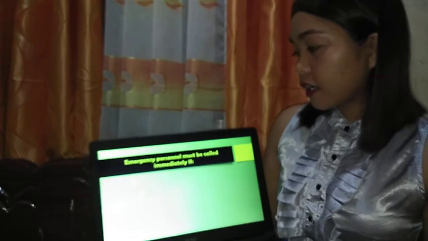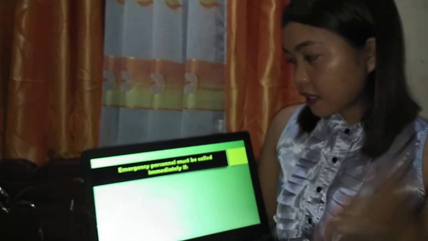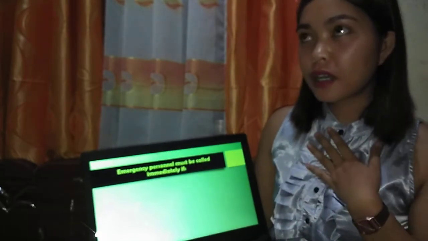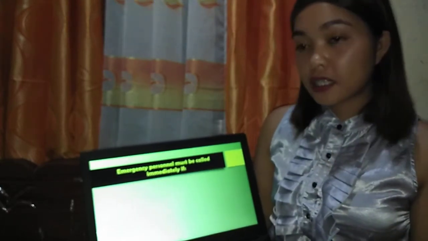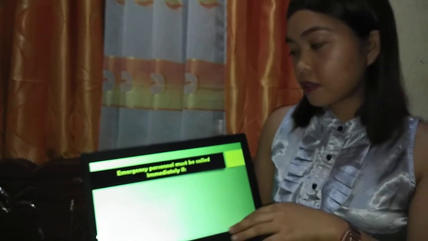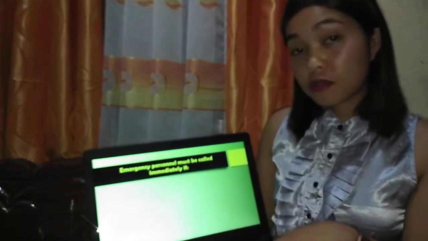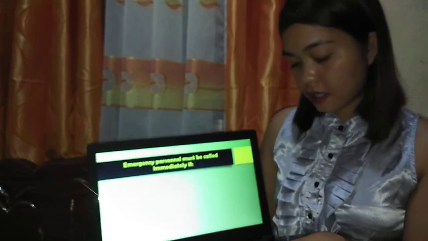Again, kapag meron tayong mga symptoms na napapansin na hindi na natin kayang i-handle, kailangan na nating tumawag ng emergency personnel. Ito yung mga sintomas na pwede nating tandaan.